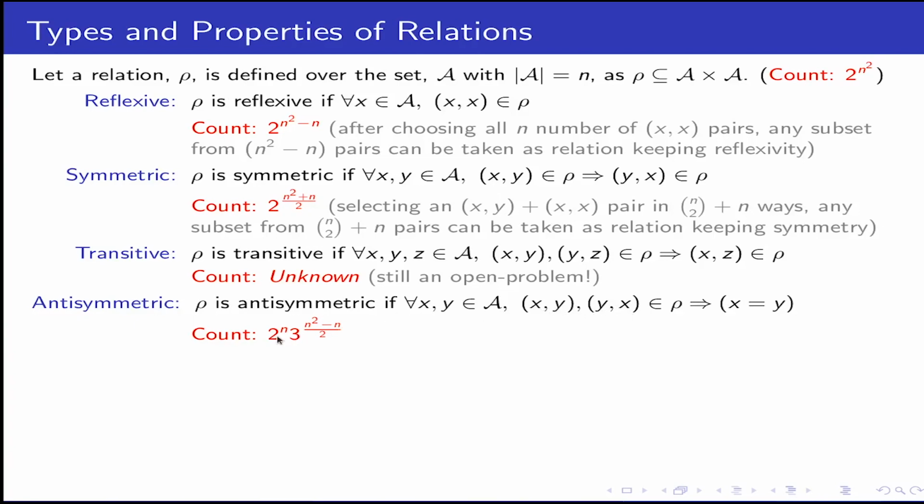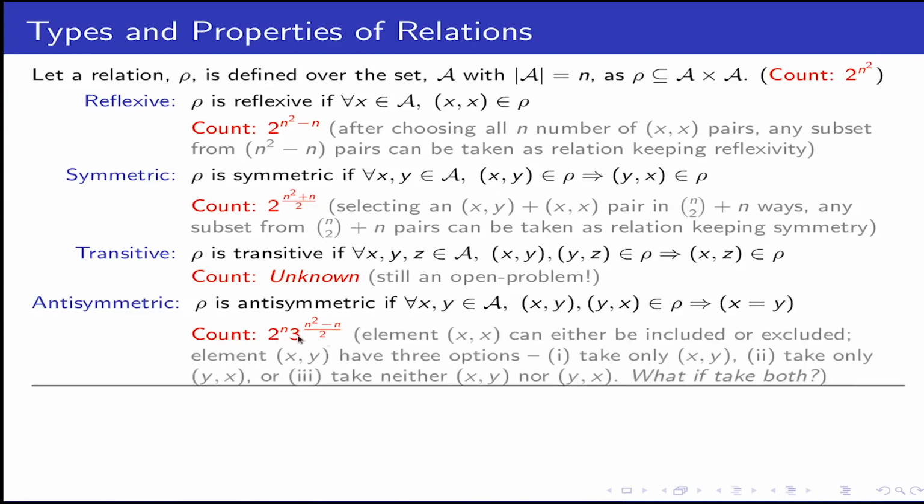So therefore, element xx can either be included or excluded. There are n such pairs, so 2 to the power n, and for each pair of different elements there are 3 possibilities: only take xy, or take yx, or take neither xy nor yx. What if we take both?